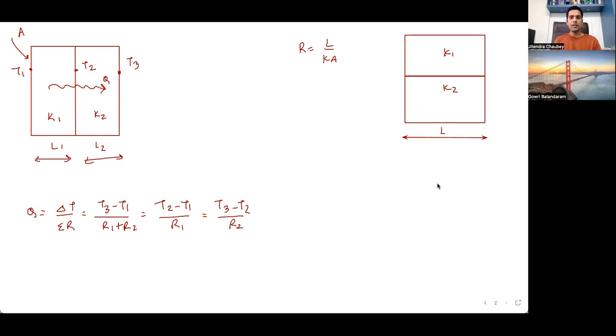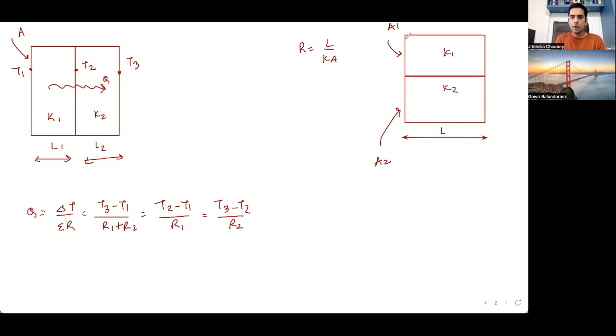If they don't have same length, then you will have to divide the material into different geometry. Let us say the area of this material is A1, area of this is A2.